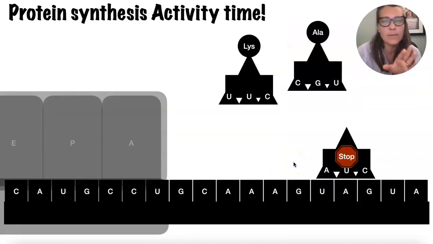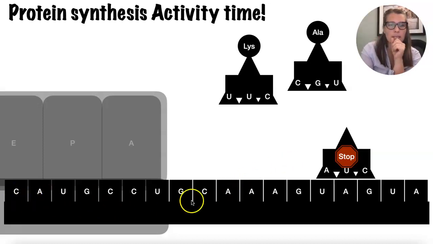So this is a little activity I did. It's not perfect. I made this. I apologize if it's confusing. I hope it's going to make it clearer. So this black one here is from 5 to 3 and is your messenger RNA, the mRNA that we just transcribed, okay?